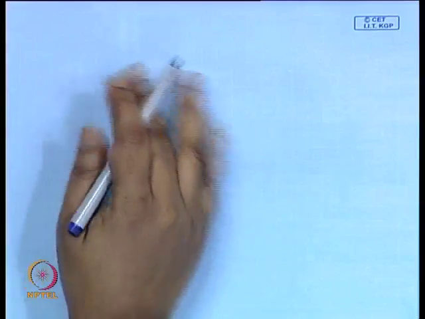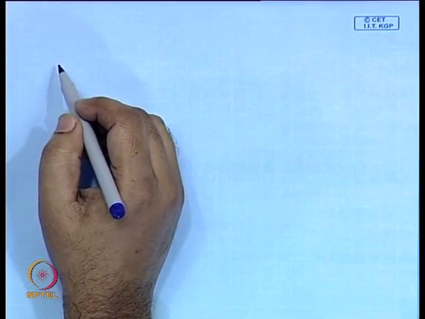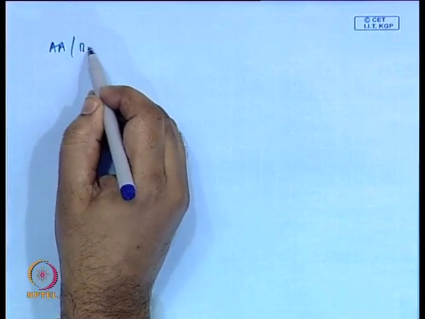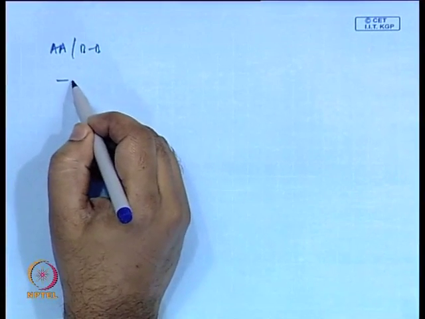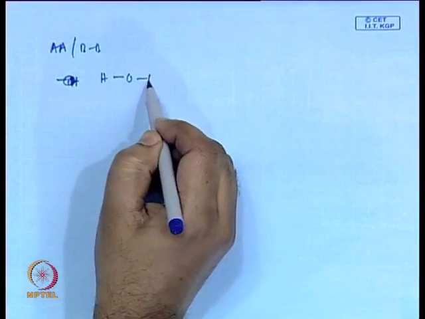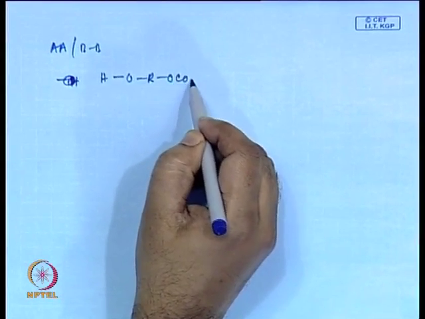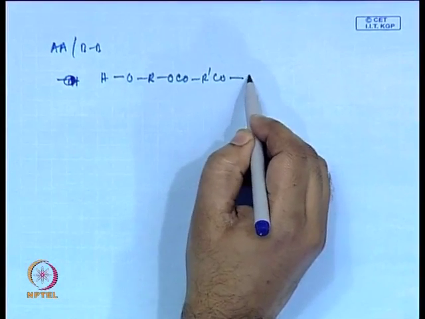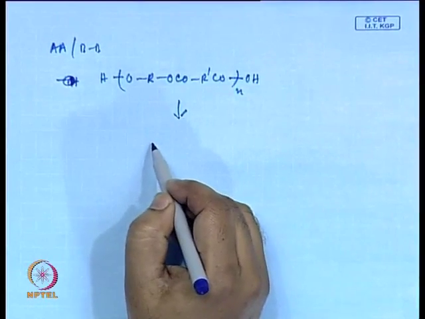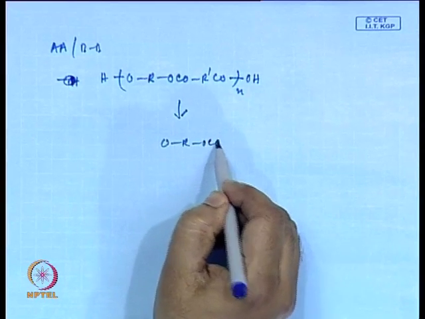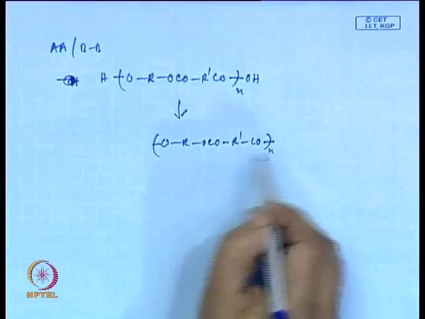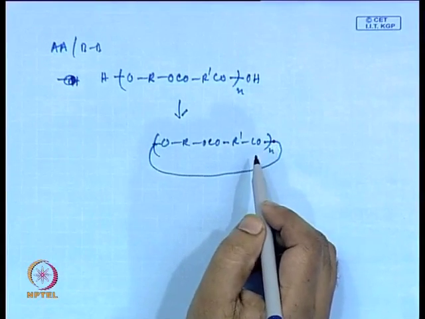Okay. Let us see a generic example. If I have a BB type structure, this can cyclize to give a structure like this.